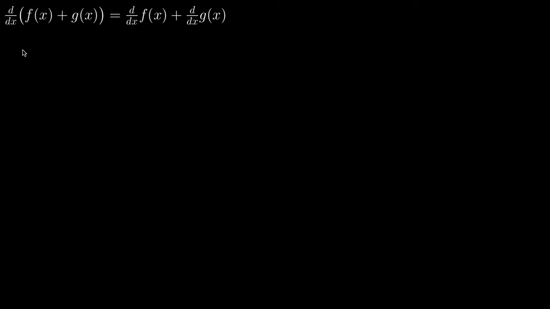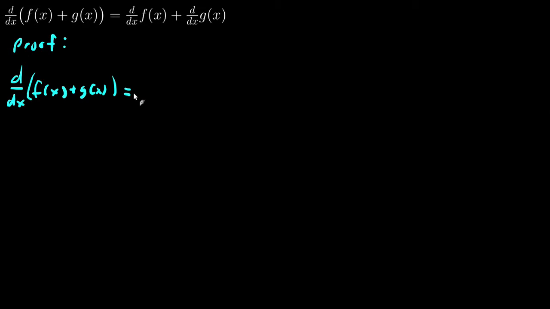And so, proof. I'm going to start on one side of this. I'll start on this side, even though it doesn't matter which side. Basically I'm going to start from the derivative with respect to x of f of x plus g of x, and I want to show that this is equal to that.